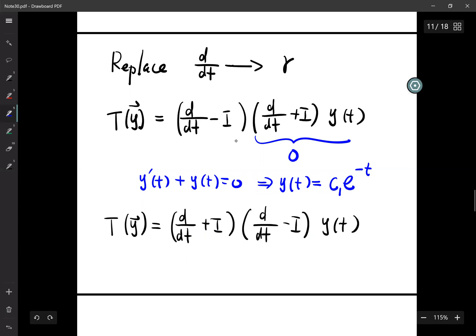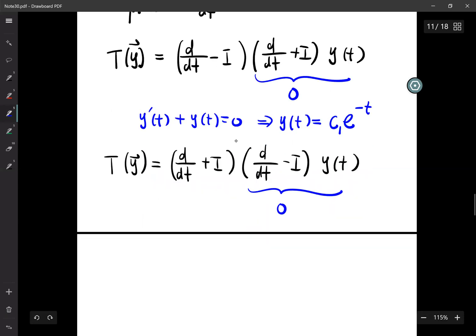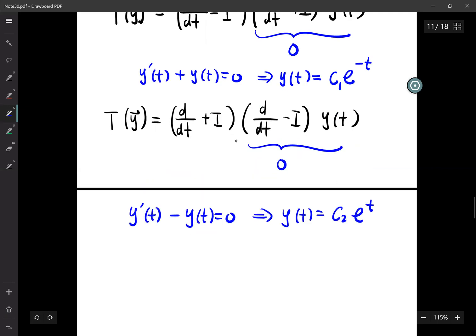Although I changed the order of the two, that's trivial. Now what I can do is to make this go to 0. This gives me y'(t) minus y(t) equal to 0.